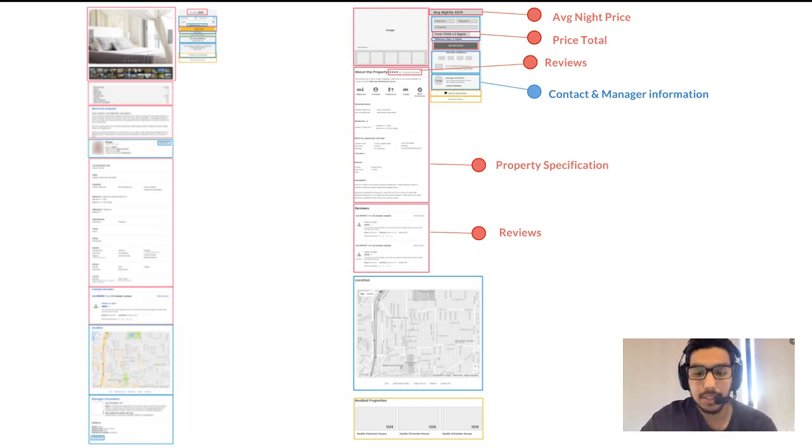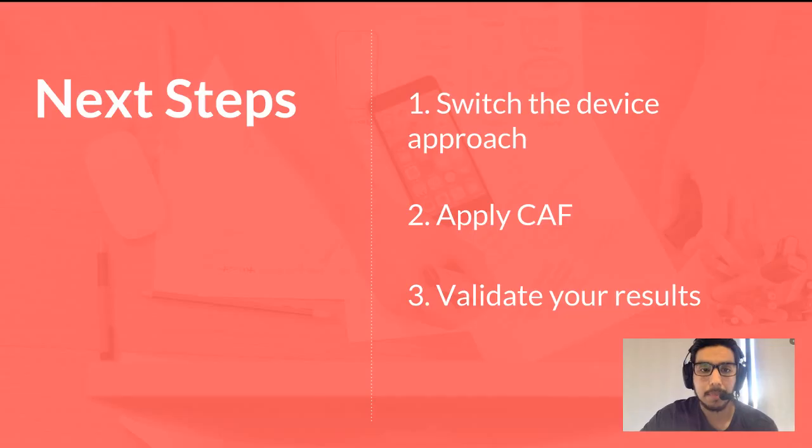So the next steps are to switch the device approach. We don't need to make it desktop first exactly; we can have this approach on mobile as well, and it's recommended that once we have one or the other, we switch to the next.